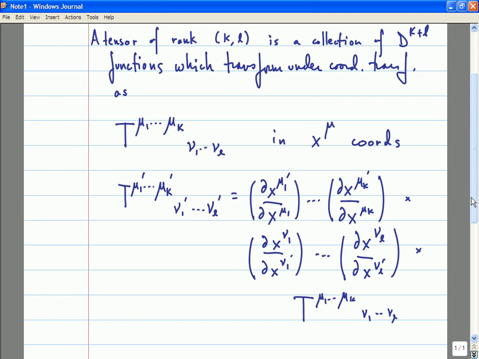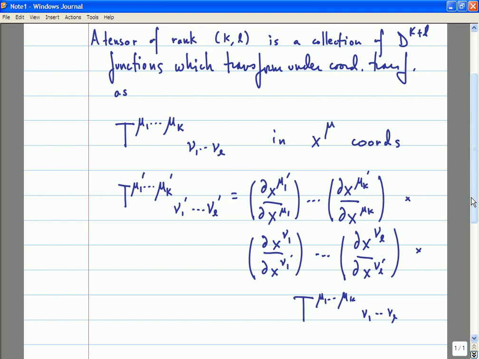Likewise, a one-form is an object with a single lower index, which transforms with an inverse Jacobian matrix. And a tensor, as I have defined it, is just the straightforward generalization of that idea to an object with many upper and lower indices. Tensors are the basic objects that we are going to be manipulating for the rest of this course. All of the laws of physics from this point on will be written as tensor equations.